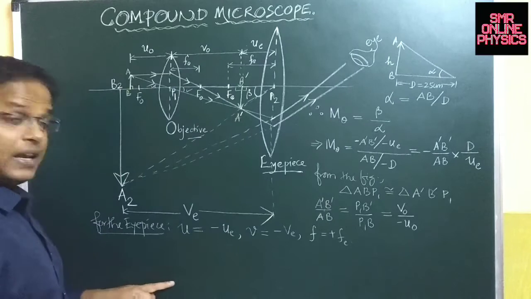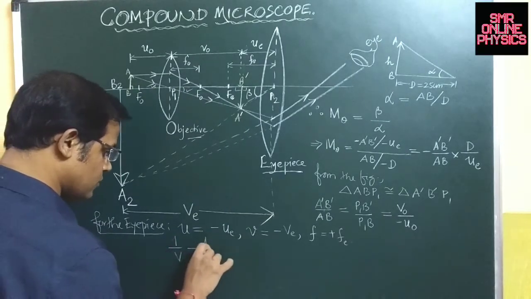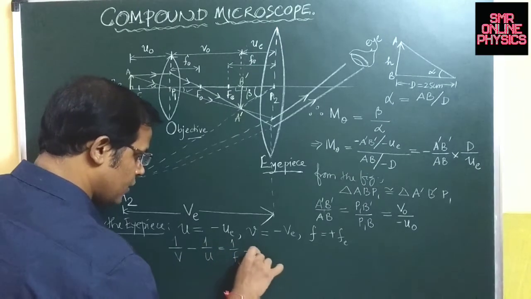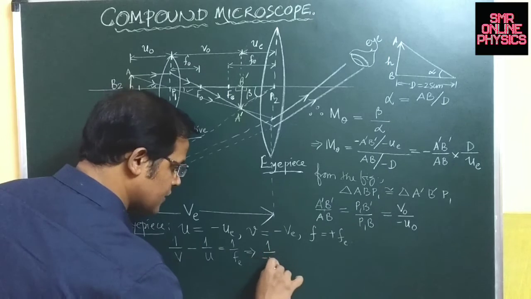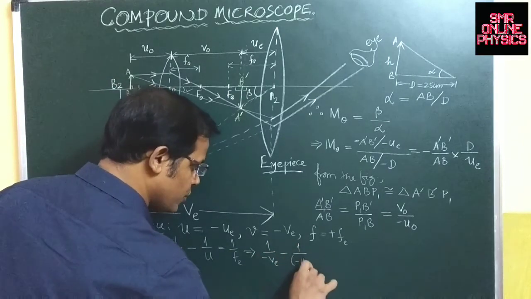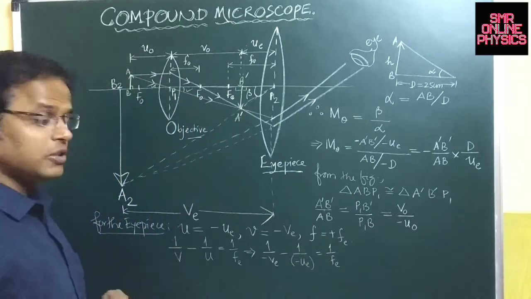So using the thin lens formula, this is an approximation. Thin lens formula works out. You put in this thin lens formula and you'll find 1 by minus VE minus 1 by minus UE is equal to 1 by FE. Is that good?